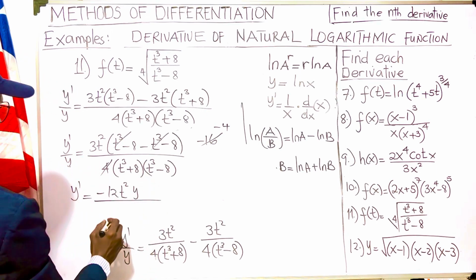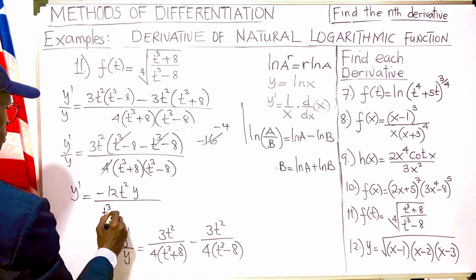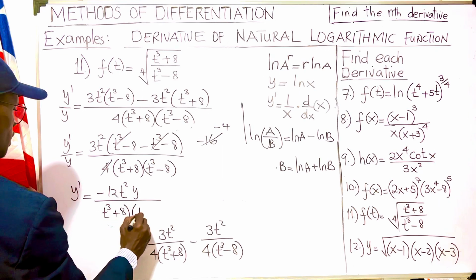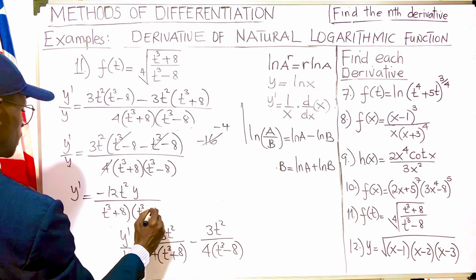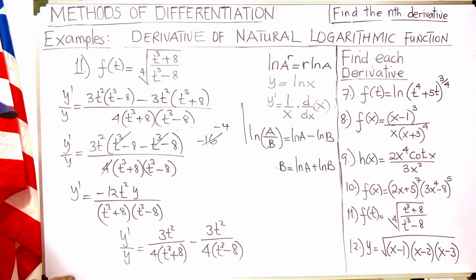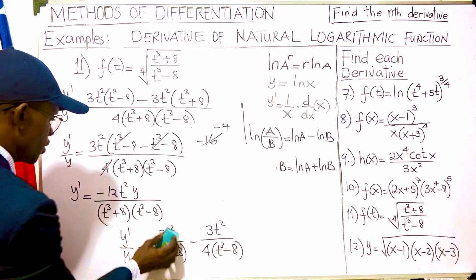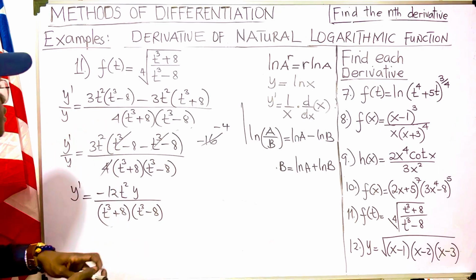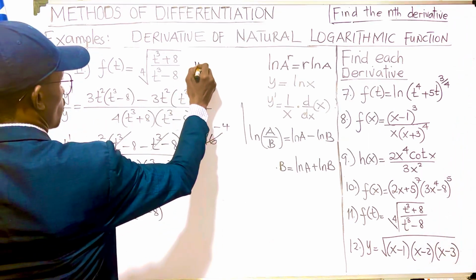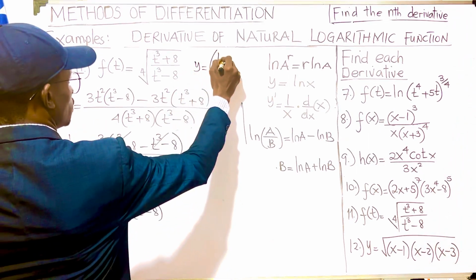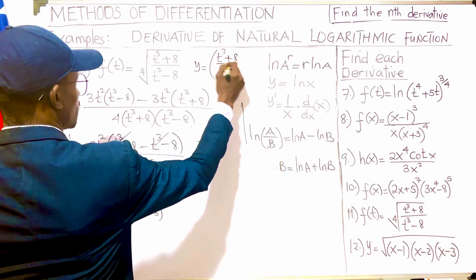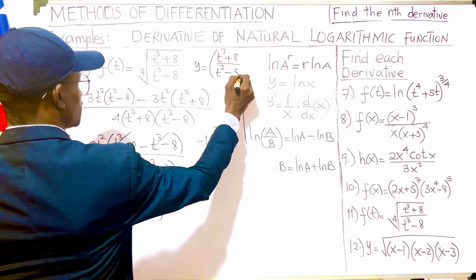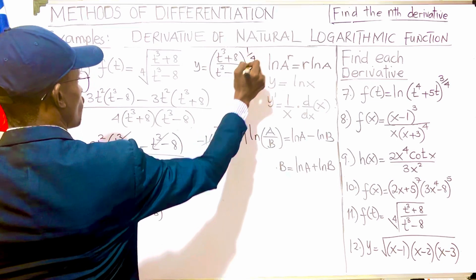And down here we have t cubed plus 8 and then t cubed minus 8. So we can bring in the value of y. We know from the beginning y was just equal to t cubed plus 8 over t cubed minus 8, all raised to the power 1 over 4.